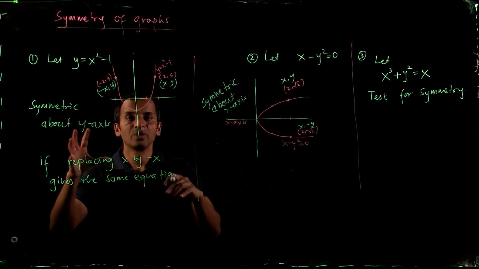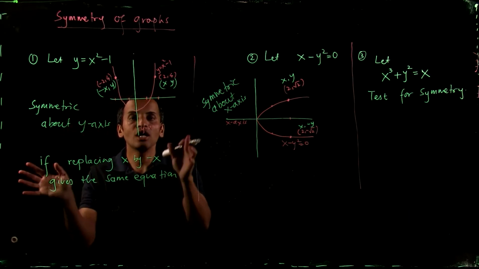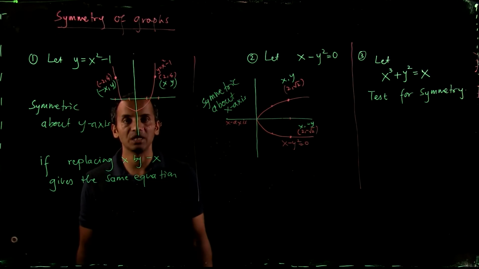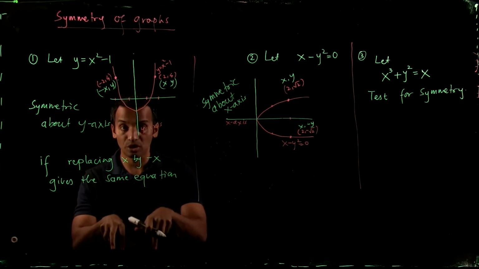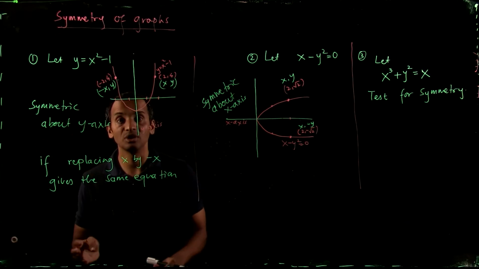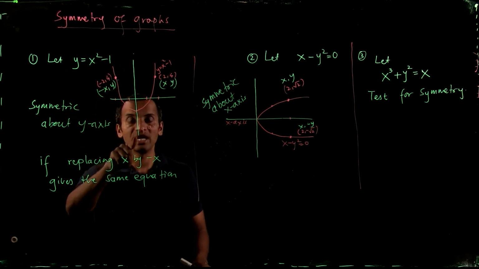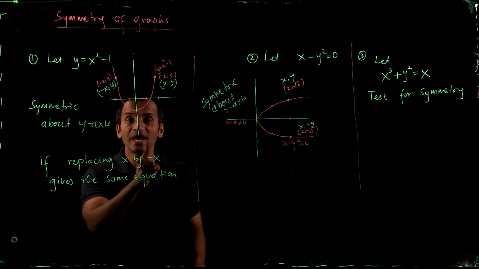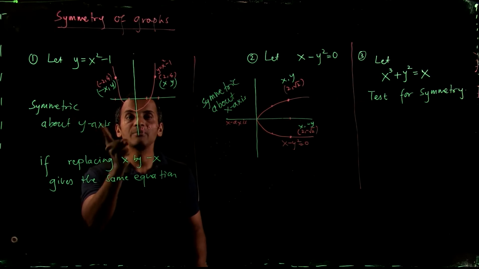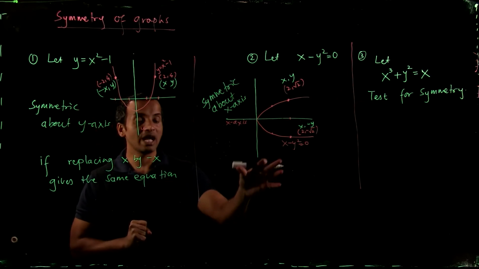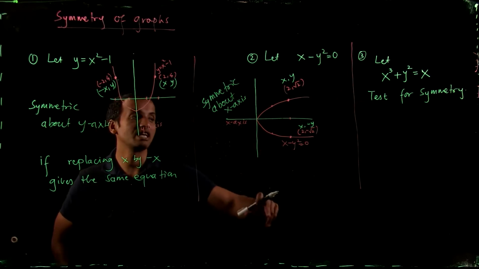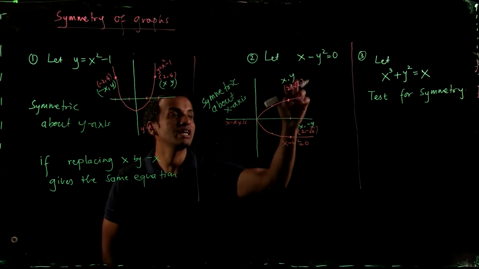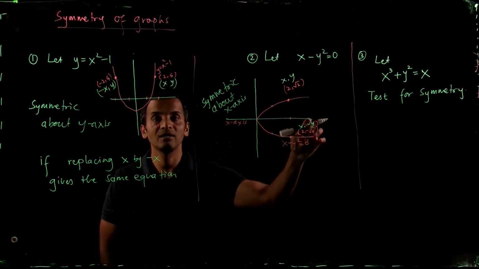What does that mean? If you replace all the x by negative x in the equation, and you get the same equation, with no change, then it is symmetric about the y-axis. Remember, for the y-axis, replace x by negative x. For the x-axis, we replace y by negative y, because y and negative y both belong to that graph.